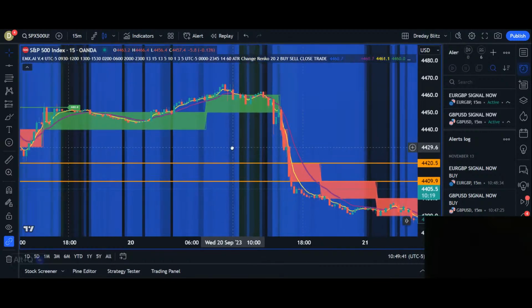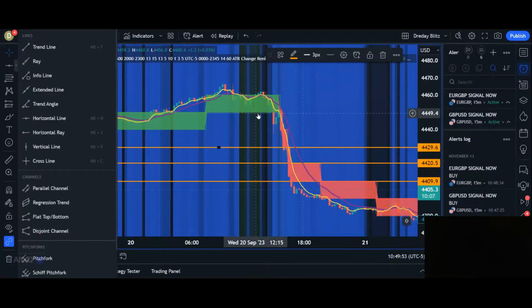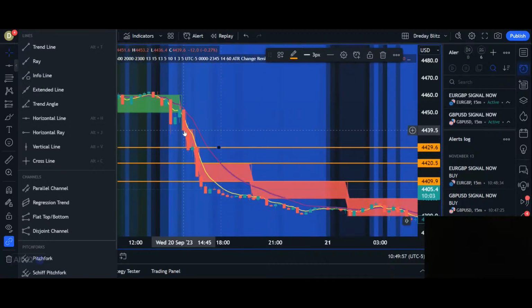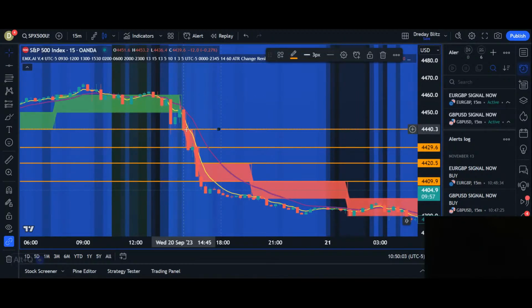Okay. And here, and here. So you can always already plot your zone. Oops. Put it back here. Perfect.